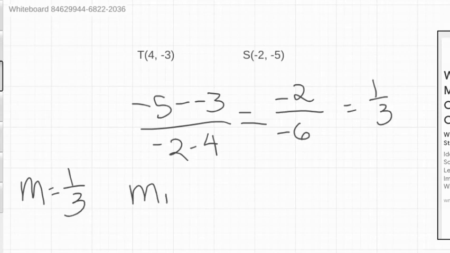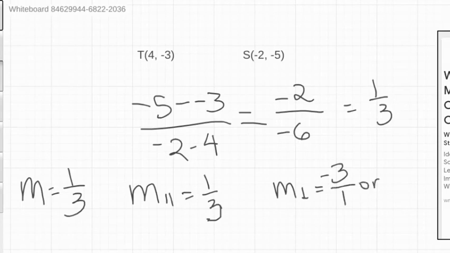The parallel slope would be 1 over 3 as well, because we know it's the same slope. And our perpendicular slope would be the opposite reciprocal. So reciprocal meaning we have to flip the 1 and the 3. And opposite is just positive, negative, negative, positive. So it would be negative 3 over 1, or just negative 3.